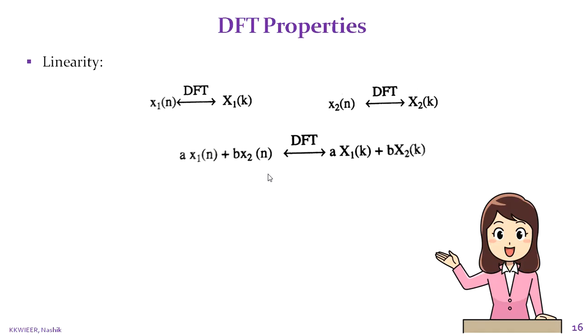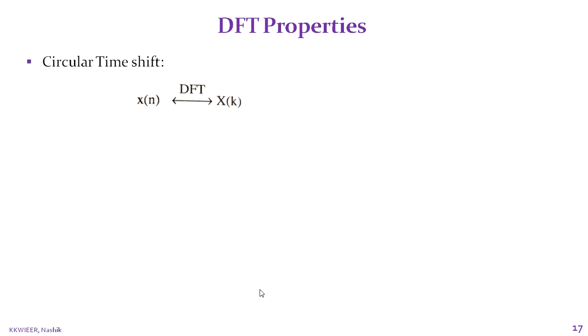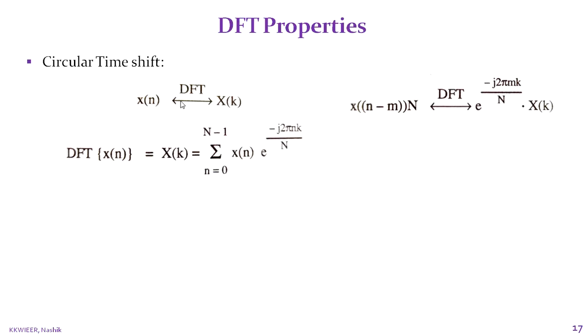Similarly, the other property is periodicity. If x of n has a DFT x of k, then x of k plus n will be equal to x of k. So this is your periodicity. Then circular time shift. The DFT of x of n is x of k, that we have seen, summation of x of n into e to the power minus j 2 pi nk by n.